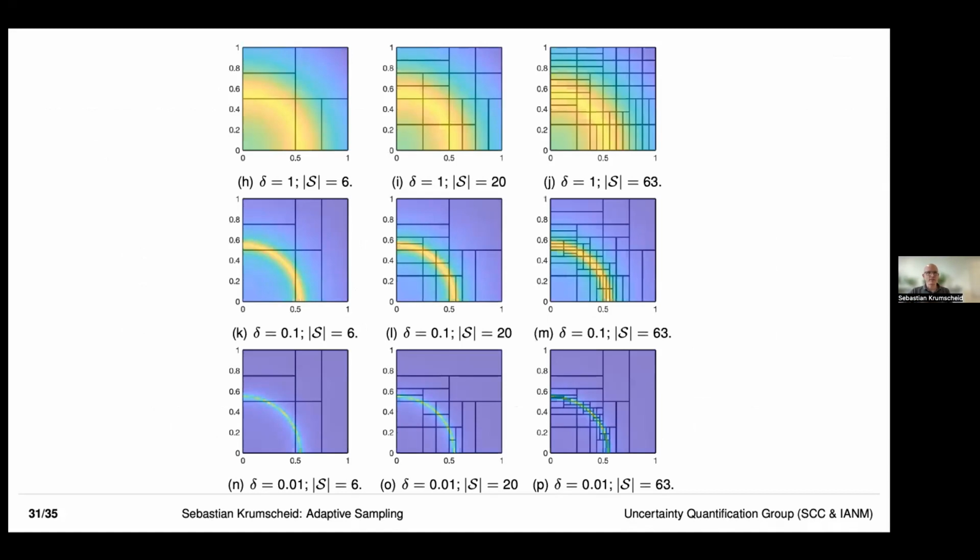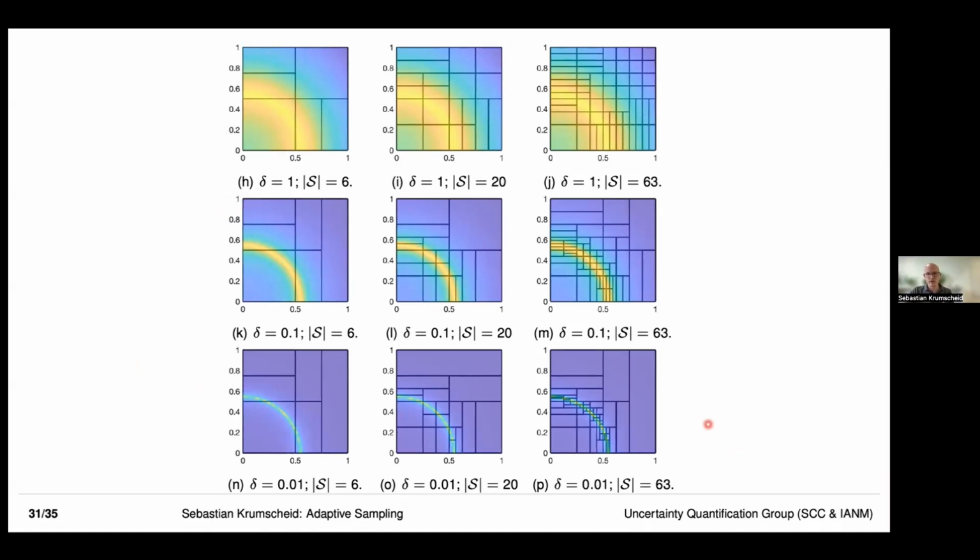And here are some snapshots of what the procedure reveals. This is for one value of delta, that's for a different value of delta, and that's yet another value of delta. Delta is getting smaller from the top to the bottom, and going from left to right, we have different sizes of stratification.